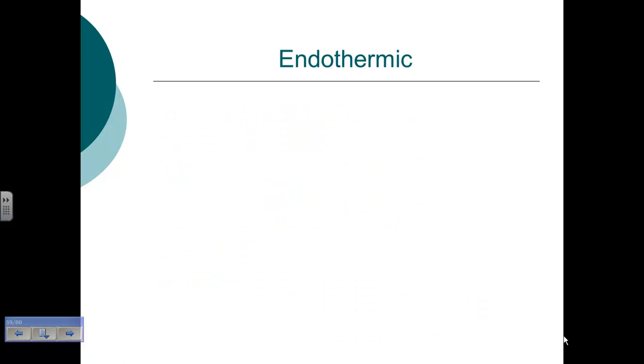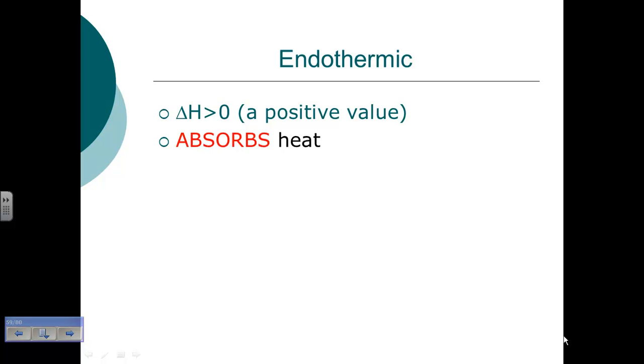What about endothermic values? Well, endothermic values are positive delta H's. When we think about heat being absorbed, delta H, the enthalpy of a reaction, we could also think of that as just the heat of a reaction, would have a positive sign. Heat is being absorbed. If heat is needed or needs to be input, we think of it as a reactant.